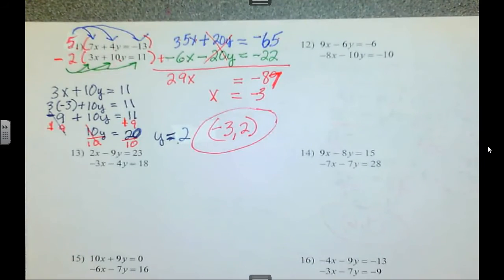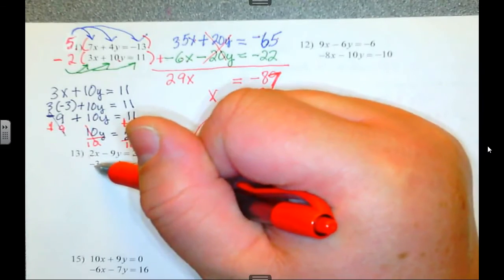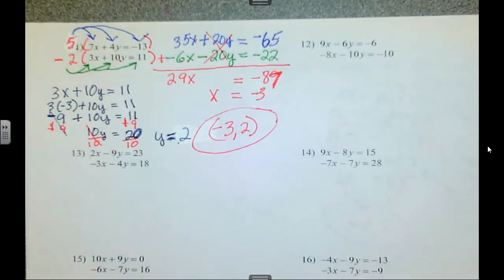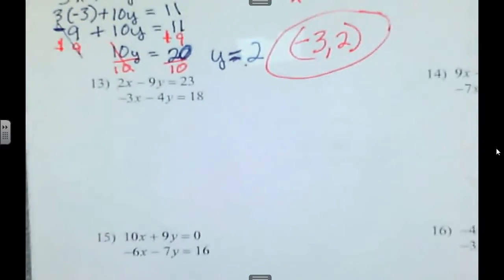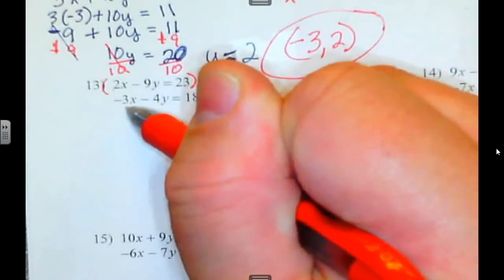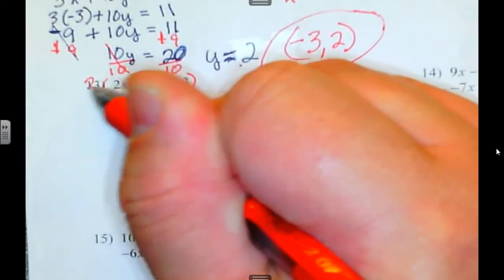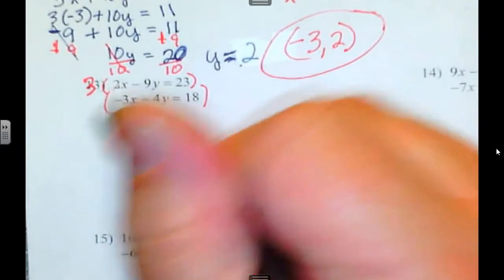I'm not going to worry about the minus sign because we want that minus sign. I'm going to multiply the top one by this 3, and the bottom one by the 2.